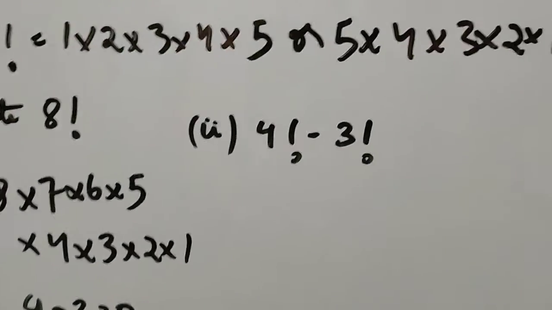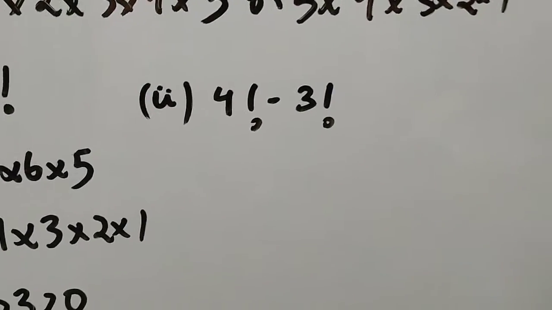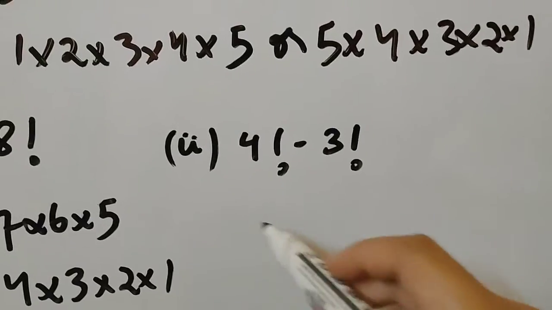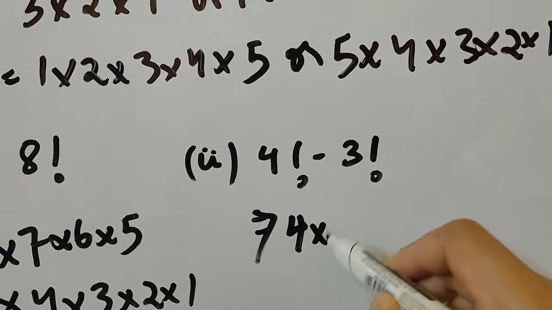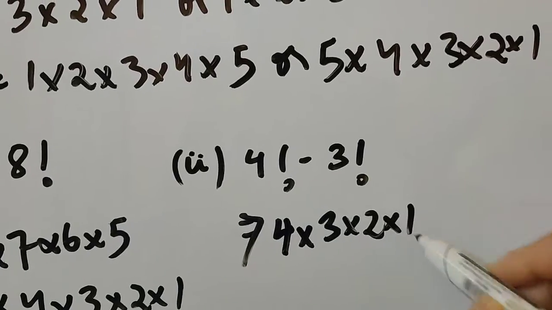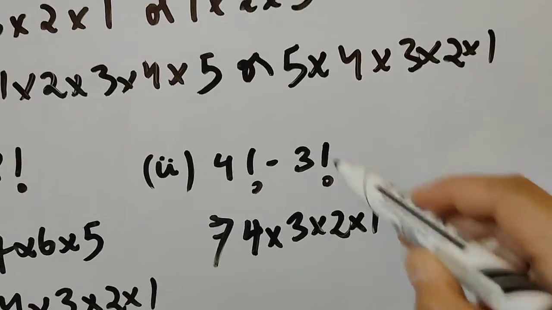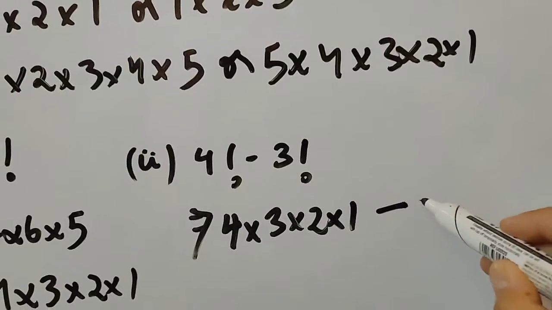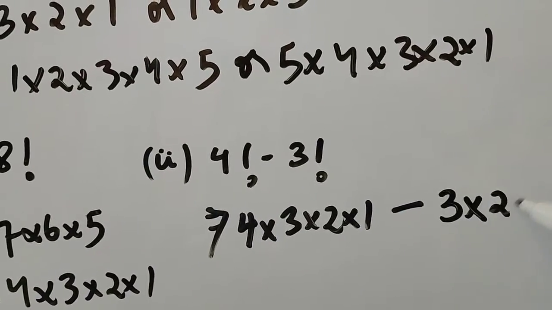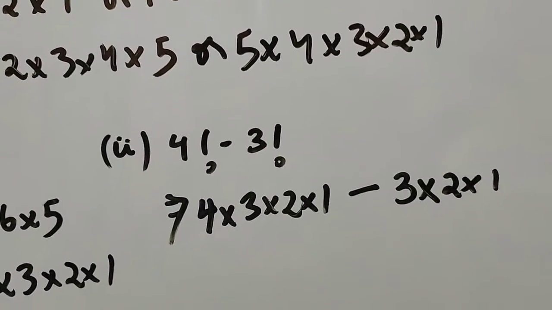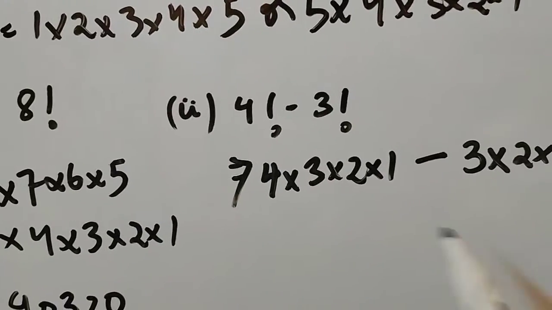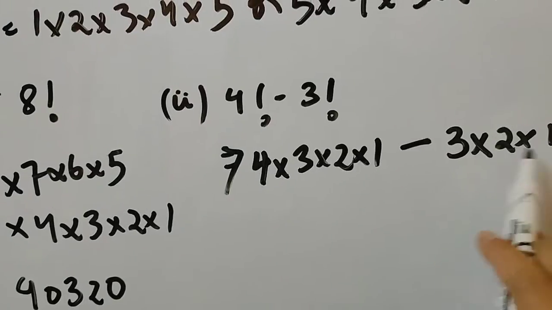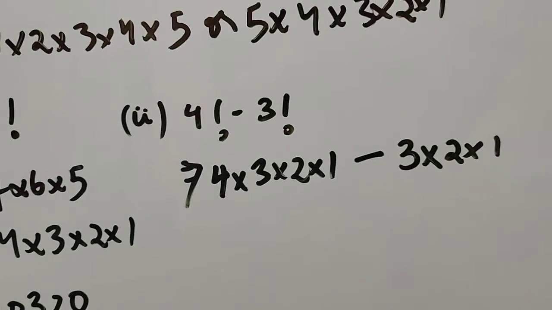Now next is number 2: 4 factorial minus 3 factorial. How do you write 4 factorial? 4 into 3 into 2 into 1, minus 3 factorial, 3 into 2 into 1. Now there is a shortcut way also. You could multiply this and subtract, and you will get the answer.